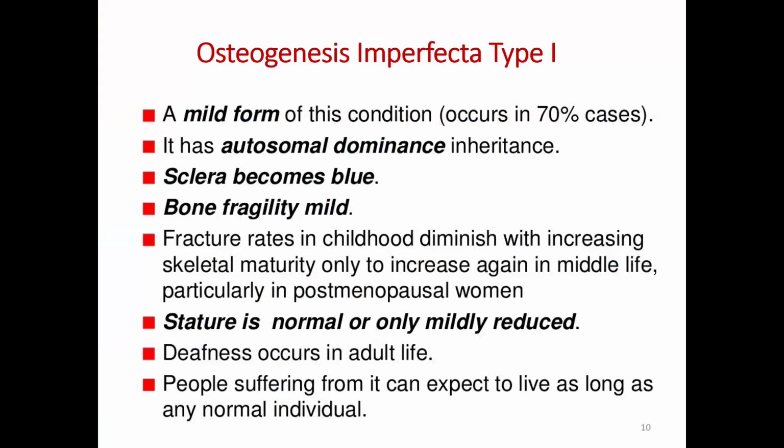Osteogenesis imperfecta. It's a rare disease, and there are different types. Type 1 is characterized by blue sclera and bone fragility, and usually stature is normal or mildly affected. Also, patients might have deafness in adult life.